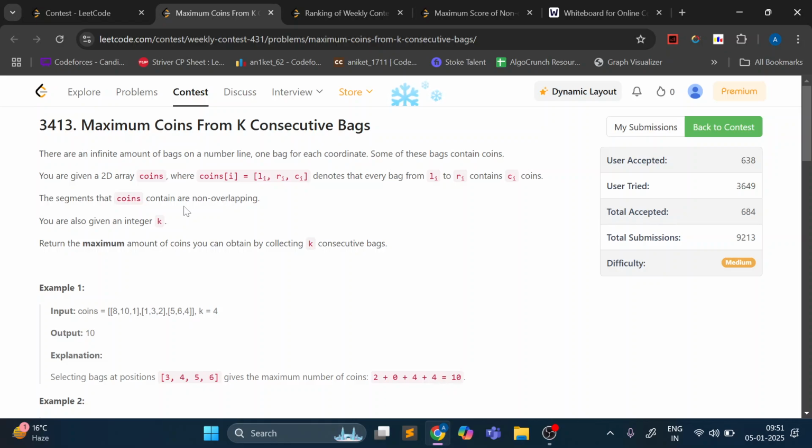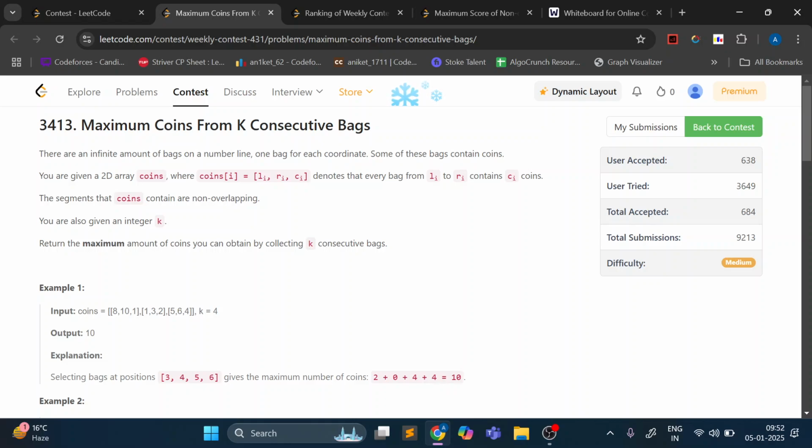So there is an infinite amount of bags on a number line, and we are given an array of ranges, and for each range L to R there are C coins. Now this information is represented by this array coins, and there is also additional information given that none of the segments are overlapping.